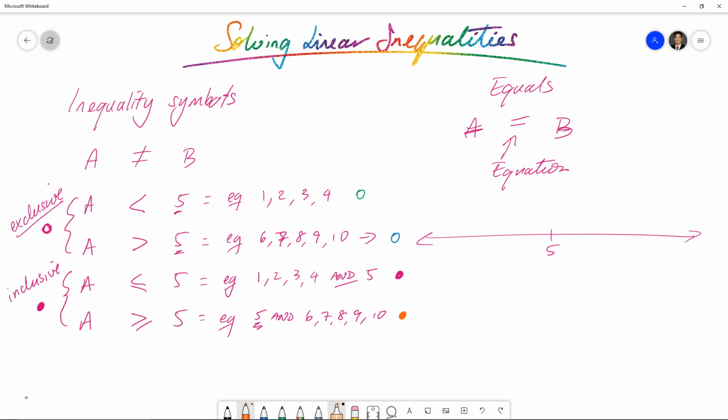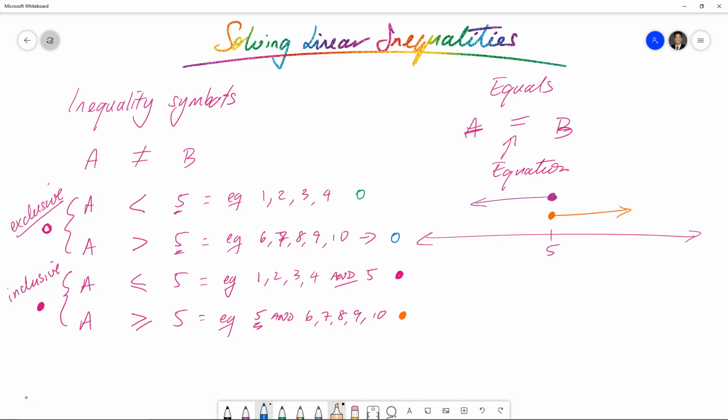To represent all the numbers that are greater or equal to 5, we have a solid dot because it's including 5, and greater is going to the right. The third one is a solid dot because it includes 5, but it's less than, so all the numbers less than 5, including 5.